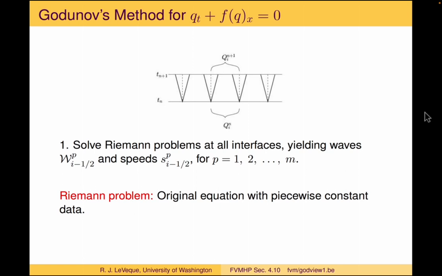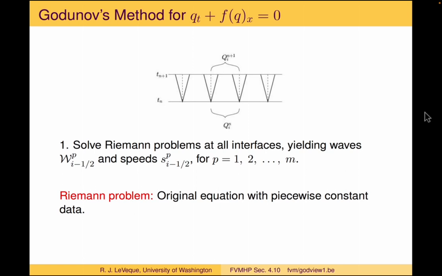Prior to that, people were mostly using finite difference approximations and having all sorts of problems with approximating strong shock waves, with getting highly oscillatory solutions and solutions where the shock waves weren't in the right location, and people didn't understand it for quite some time. It took a while to sort all this out. But this idea of Godunov's method was kind of the key breakthrough in terms of developing better numerical methods.